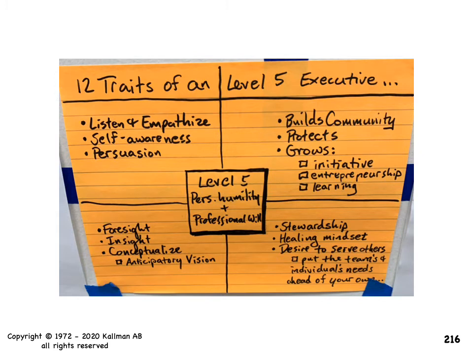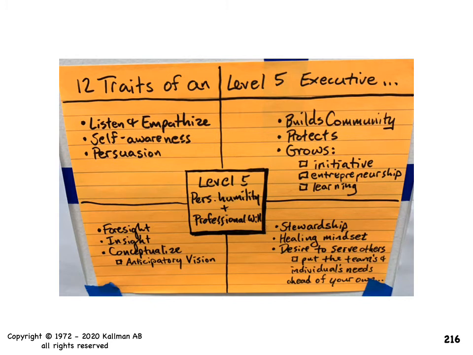In the core there, again, they've got the personal humility and the professional will, the proper balance of those two. A level 5 executive will also build community. They build protective environments, and they grow initiative, entrepreneurship, and learning. They create a culture of learning.